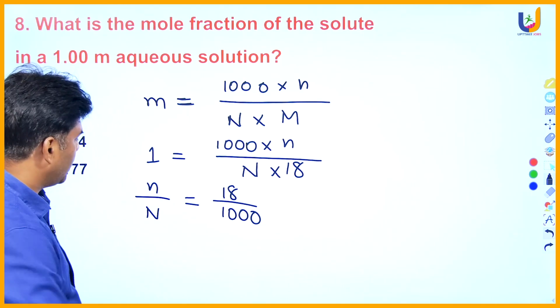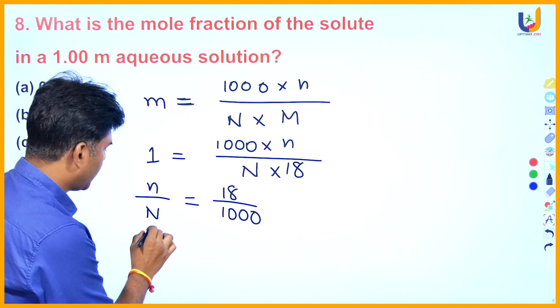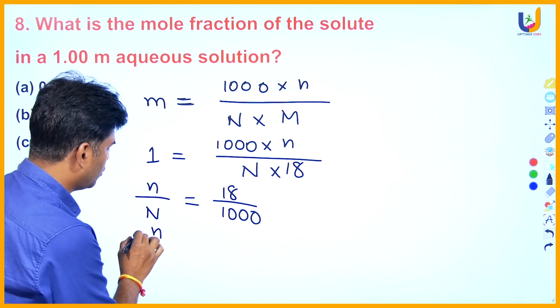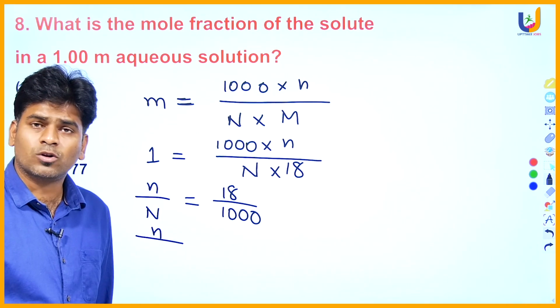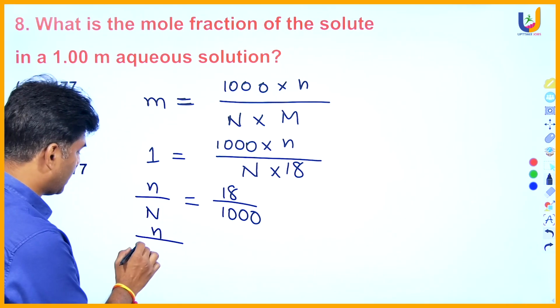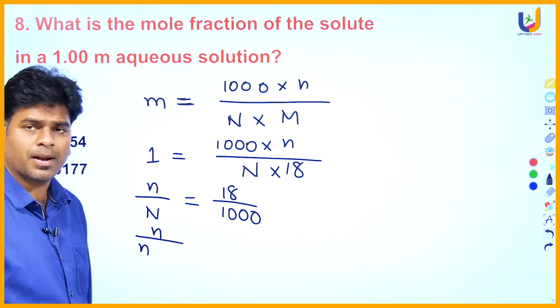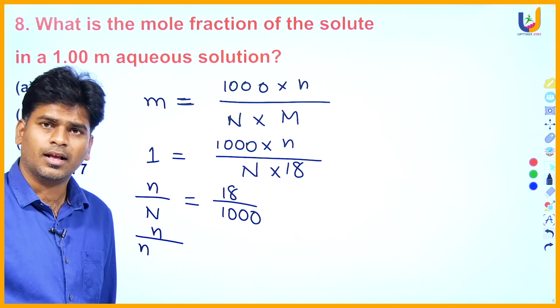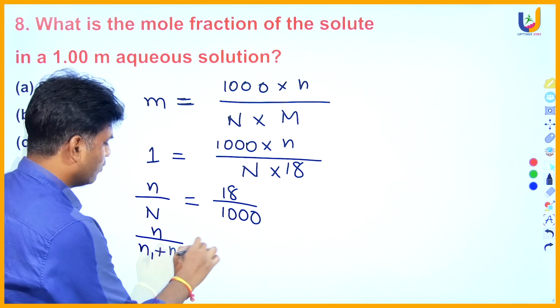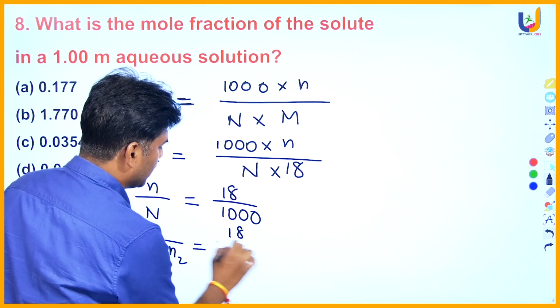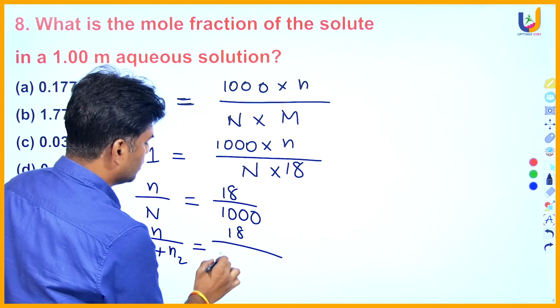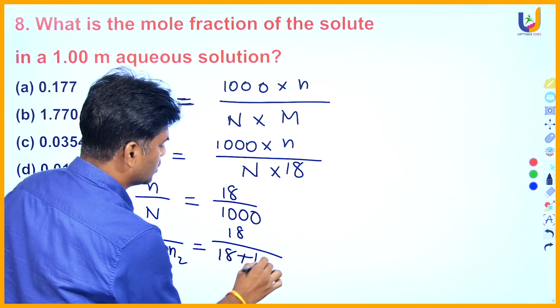Now n by N, N means the number of moles of solvent, and we can also take it as n1 plus n2. From this, 18 by, again, solute moles are 18 plus 1000.